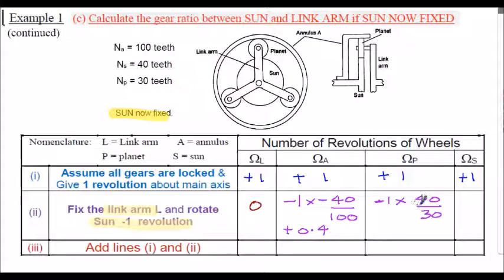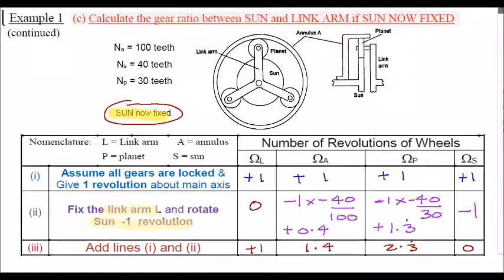Think of the sun and the planet, they're going to go in different senses, so I need a negative there, which gives me a positive again down here of 1 1/3, 1.3 recurring. And of course the sun is going -1, as we said on the left hand side, so -1 over here. Then we just total up the columns now and see what we get when we add them up.